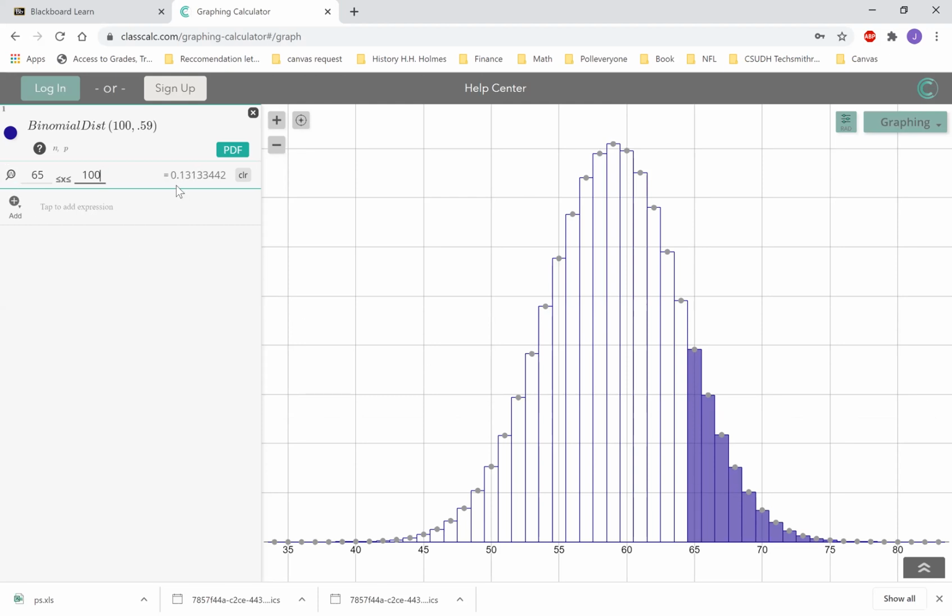All right, if you look at that probability, we get 0.1313. And that's your final answer for that question. Any questions in regard to the last problem?